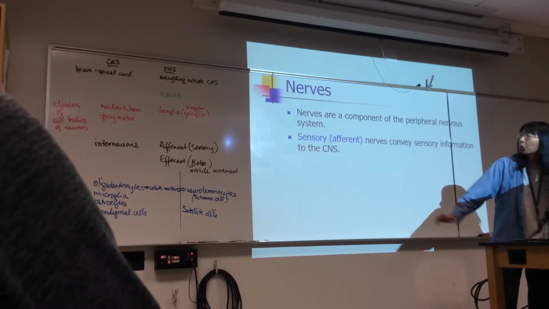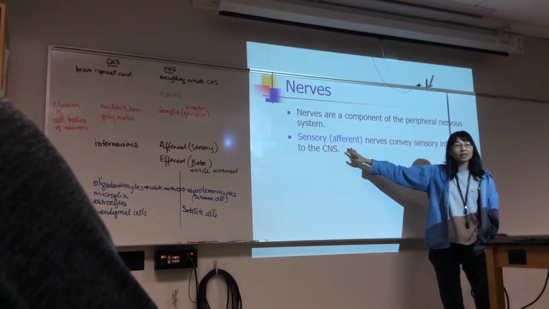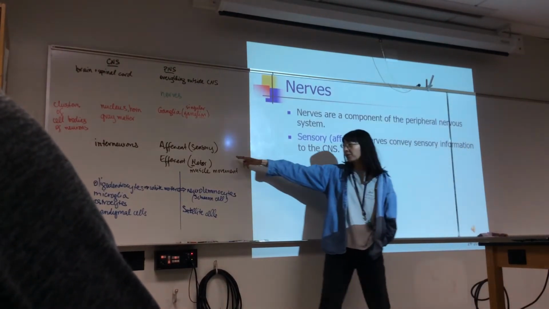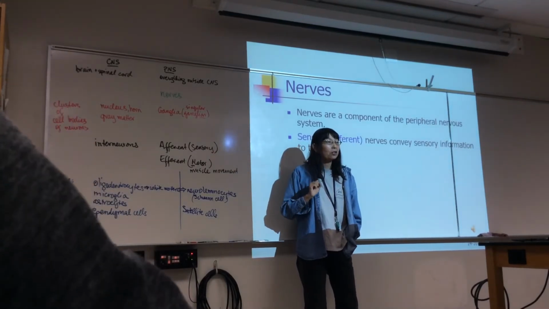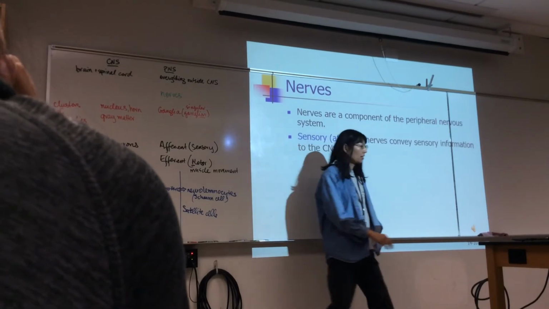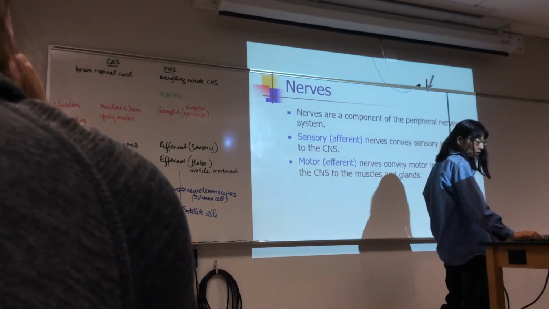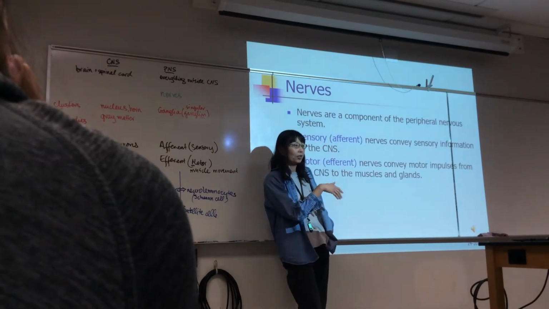So nerves are always peripheral. Some of them carry sensory. We talked about that already, didn't we? So sensory is what? Coming in or coming out of the CNS? In. So, which means peripheral nerve, some of them will be carrying motor, which is going out.